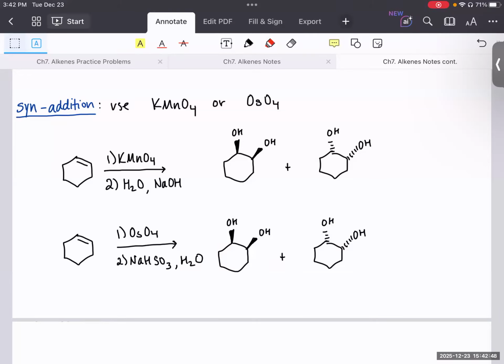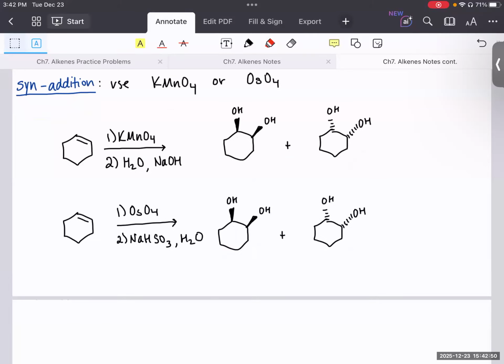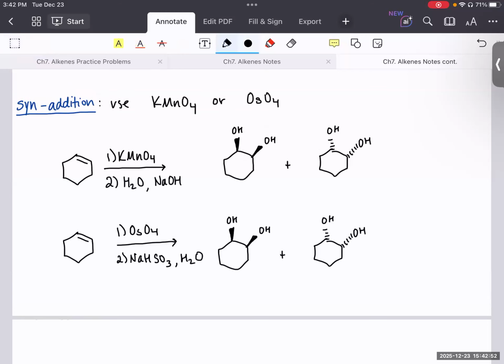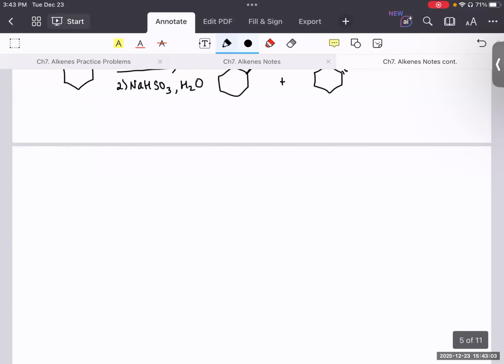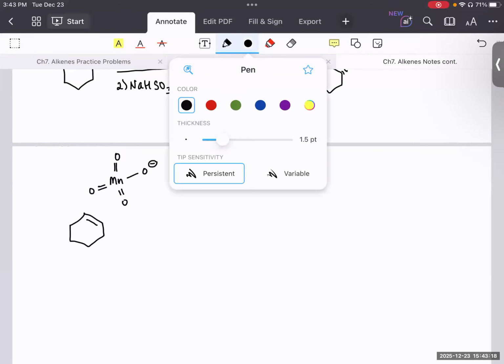Most classes don't go into the full mechanism of this reaction, but I'll briefly talk about how one of the complexes is formed so that you can see the reason why we get syn dihydroxylation. So let's do that potassium permanganate one. Here I'm going to line up that potassium permanganate reagent, and we get something like this.